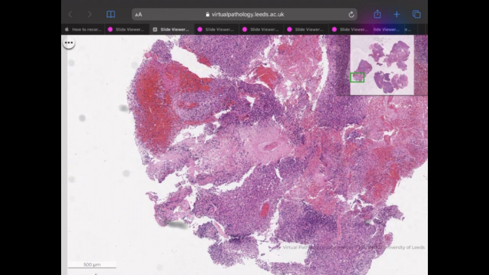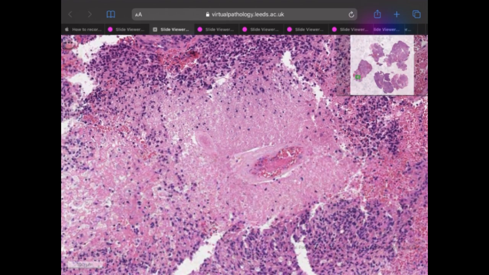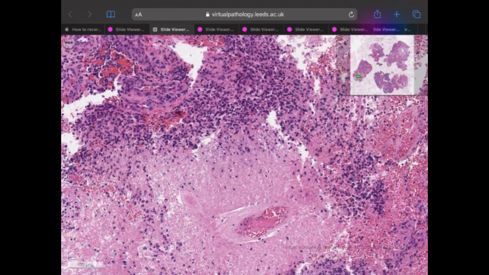Again, this is also at the center. I show you, this is the necrosis. So the presence of necrosis in the associated tumor defines the glioblastoma.